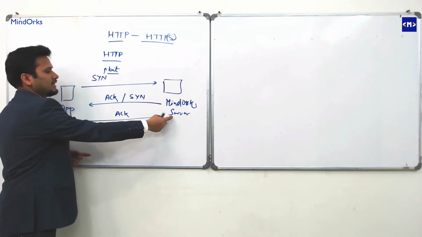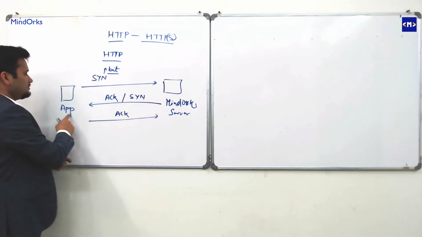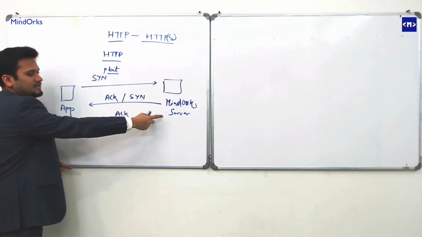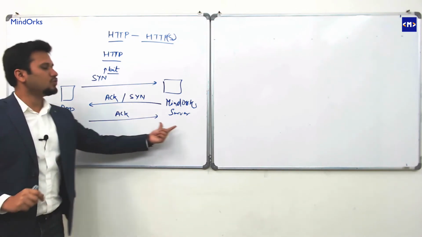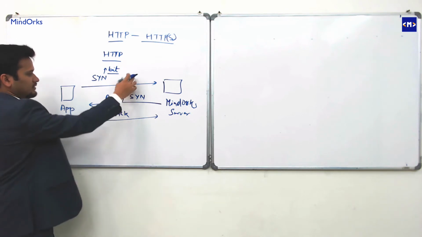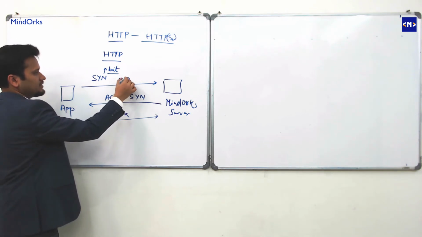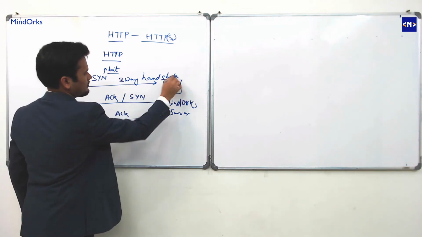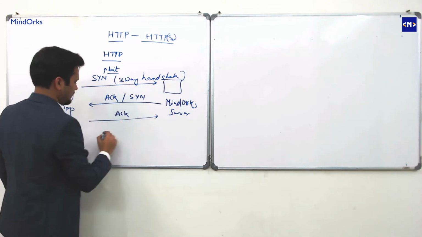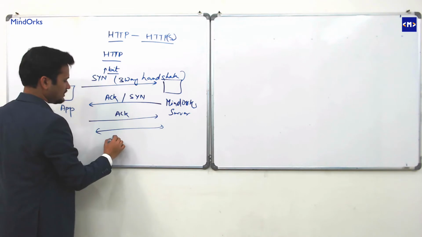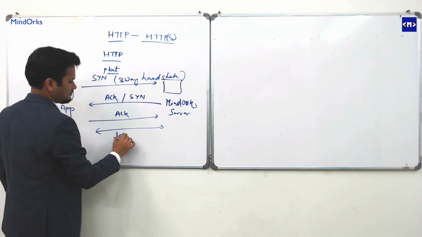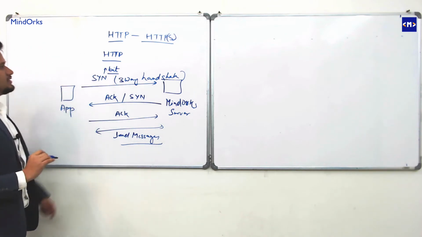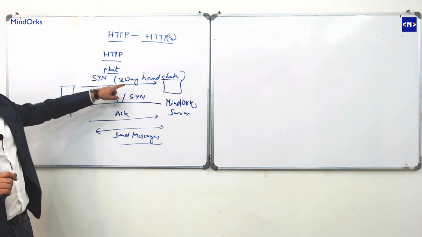So he will say, yes, I am Amit, do you know me? So the application will say, yes, I know you. So now both know each other. After this handshake, this is called the three-way handshake, we both can freely send messages. Okay, this is the HTTP handshake.